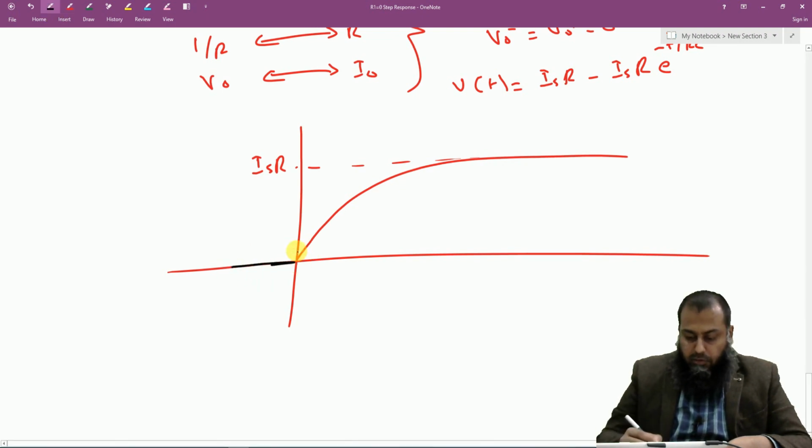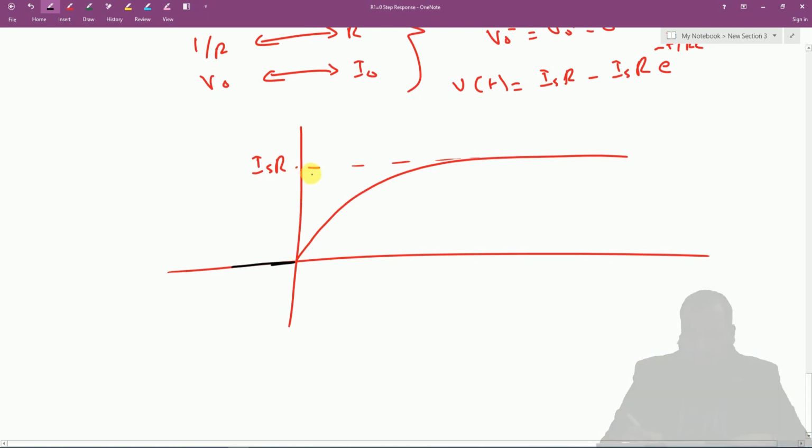But right at time t equal to 0, the capacitor current will become equal to the value of the source current, which is equal to Is. It will actually have this particular type of slope here.